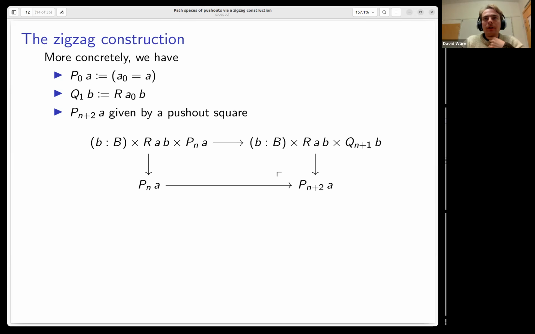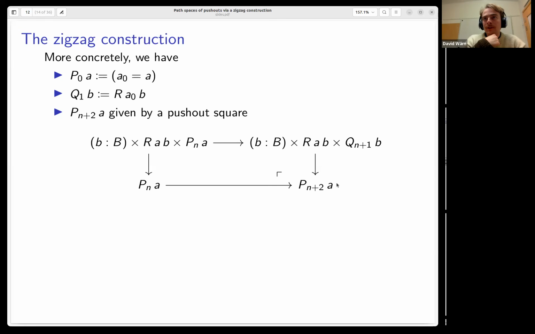And then generally, this type PNA is defined recursively in terms of the previous two type families. So it's given by this pushout. So the bottom map here is saying that, well, we have this map PNA to Pn plus 2a, which we discussed before, and it's there by construction.